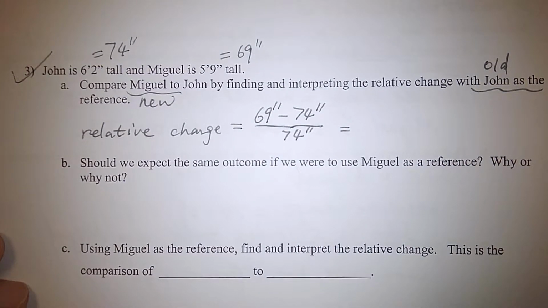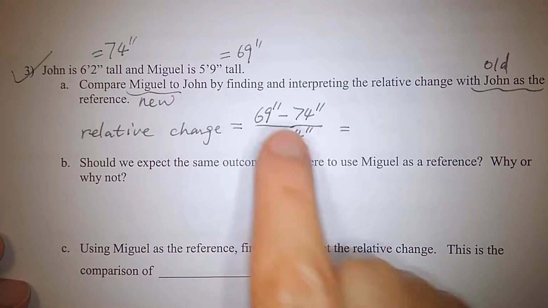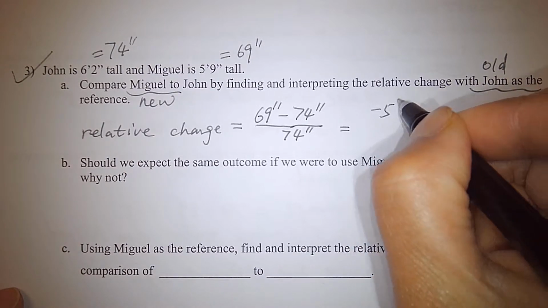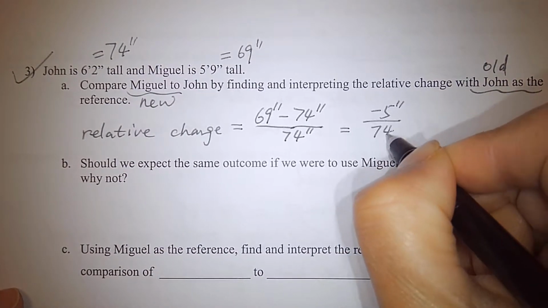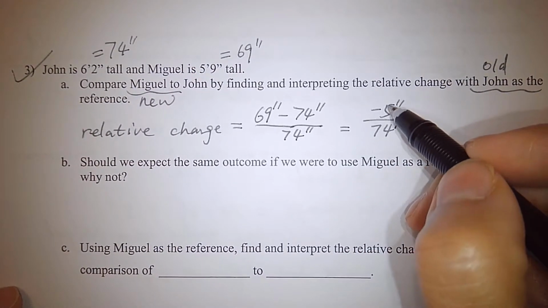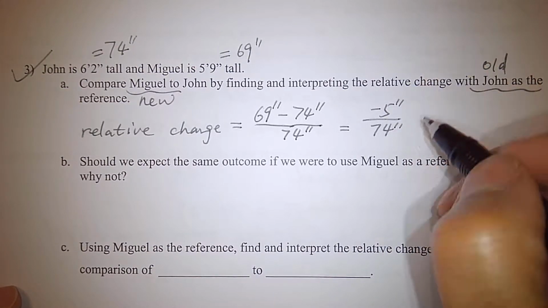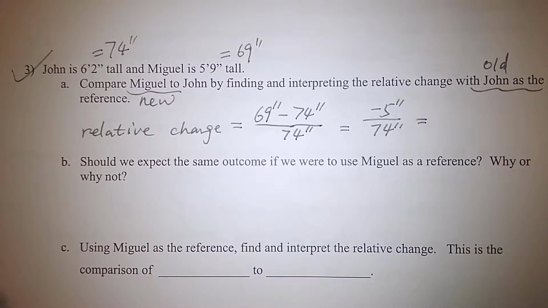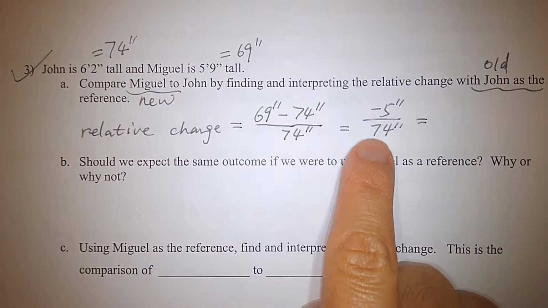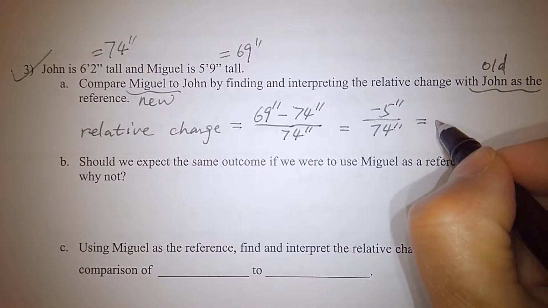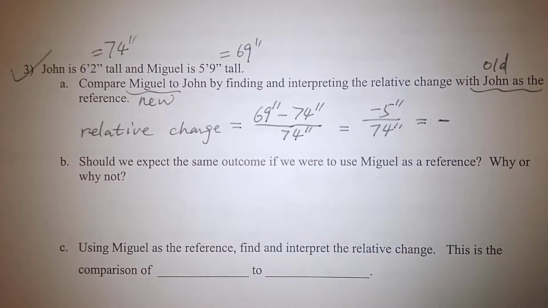Let's see what we can get. 69 minus 74, we did it already, is -5 inches, over 74 inches. On both top and bottom we have inches, so inches cancel out. Use your calculator. -5 over 74 gives about -0.07.